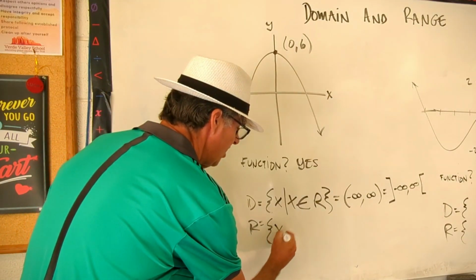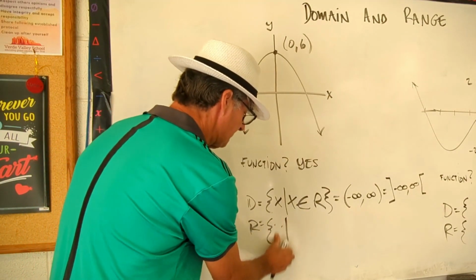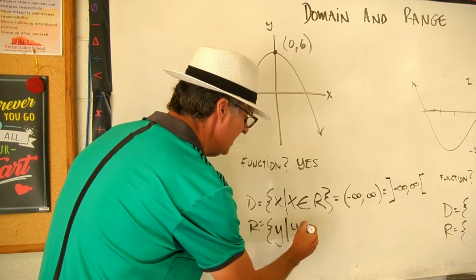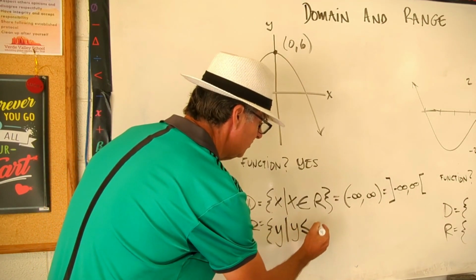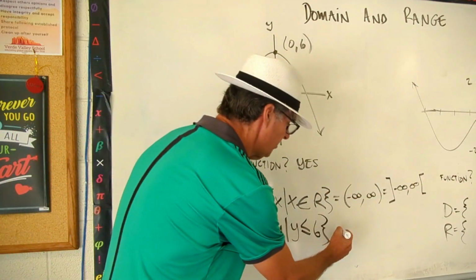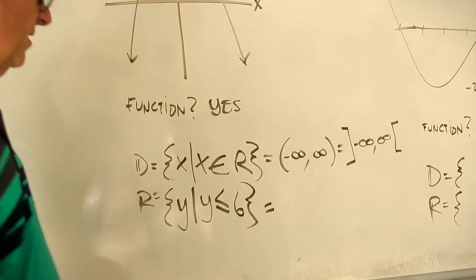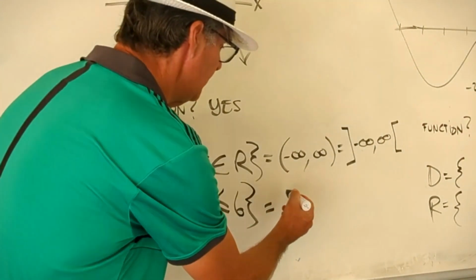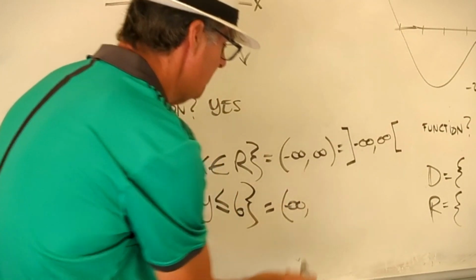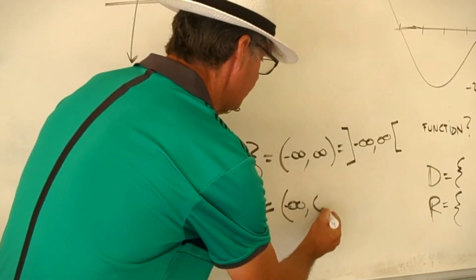So we can write the set of all x, or I'm sorry, the set of all y such that y is less than or equal to 6. Now, if we use one of these notations, we can do negative infinity like this, comma, and then 6.